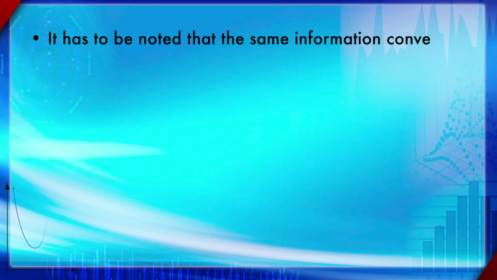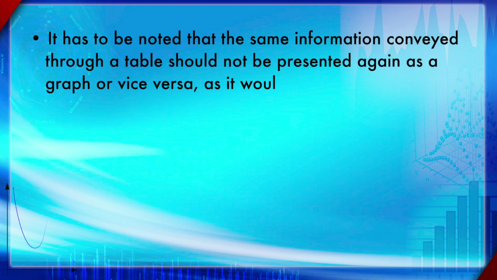It has to be noted that information conveyed through the table should not be presented again in the graph or vice versa. If the information is the same, you should not present it in both the table and the graph, simply filling up the pages. That kind of redundancy should be avoided by all means.